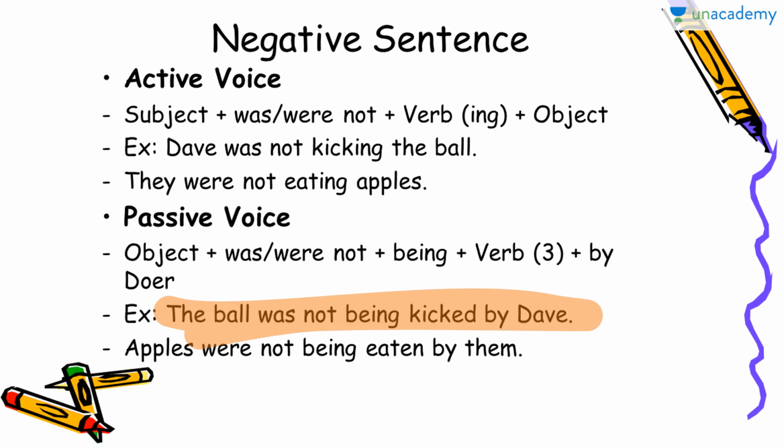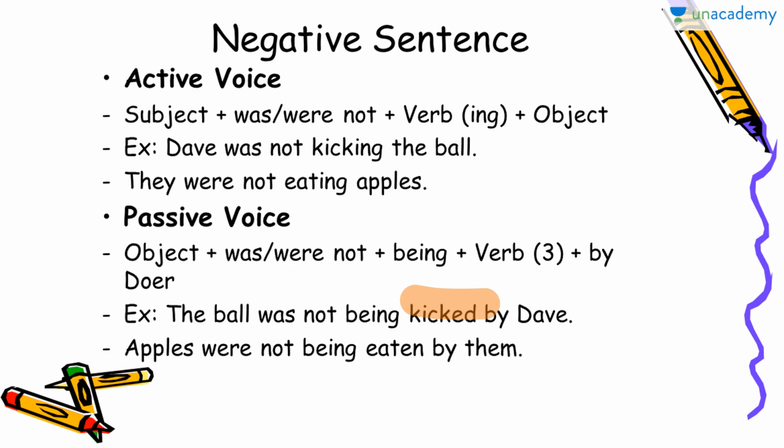I will see that the person who is doing the action is mentioned at the last. The thing on which the action is done is mentioned in the starting. That means this sentence is in passive voice. Was not being kicked is telling me that the sentence is negative and in past continuous tense, because was and being are used along with the verb third form.